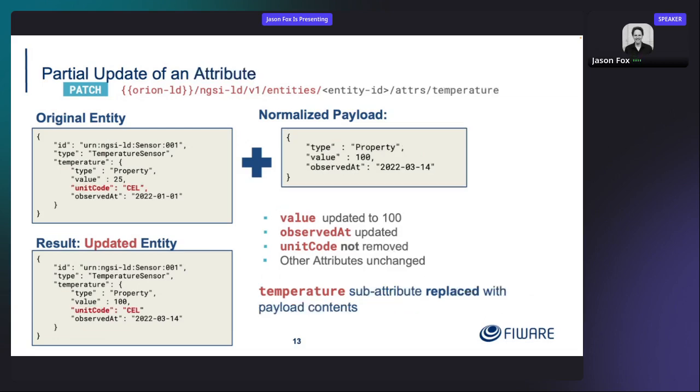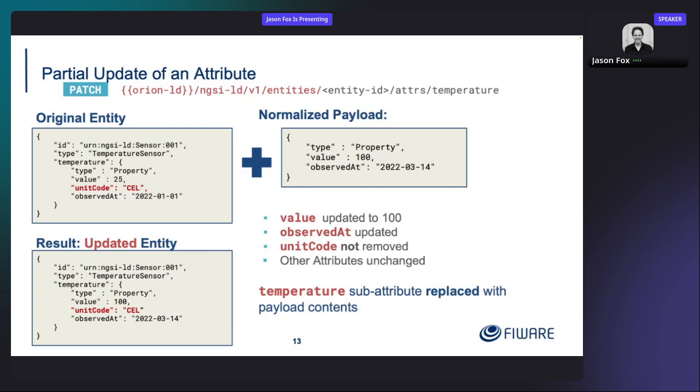The difference between the attrs and the attrs/name of attribute is that in this particular case, you are just changing the values inside of the attribute in question. So here, once again, I'm not supplying unit code. It is unchanged and it remains. The way to work out what's happening here is that it's all a matter of what level you are supplying at.